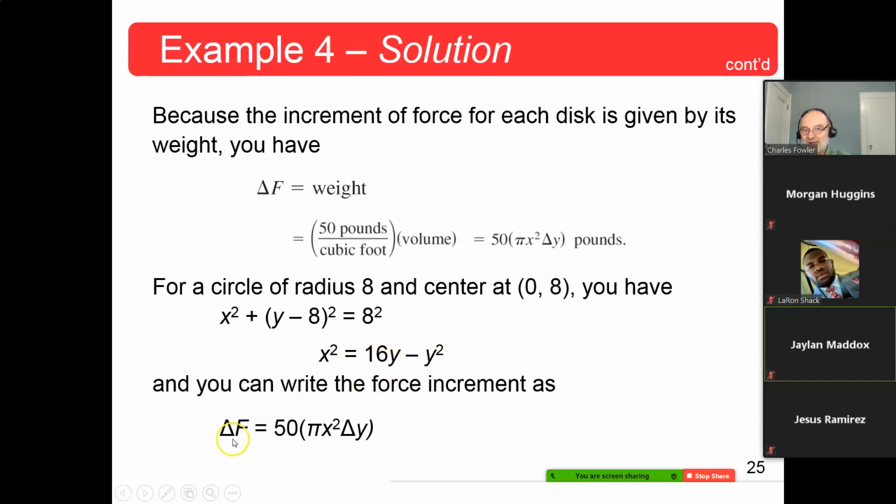So your delta F, your incremental force, is 50 times pi times x squared. They've just written this down again. Plugging this x squared in, here's what you get: 50 pi, pulling the pi out with the 50, those are all constants, times 16y minus y squared, then times your delta y. That's what you're going to integrate.